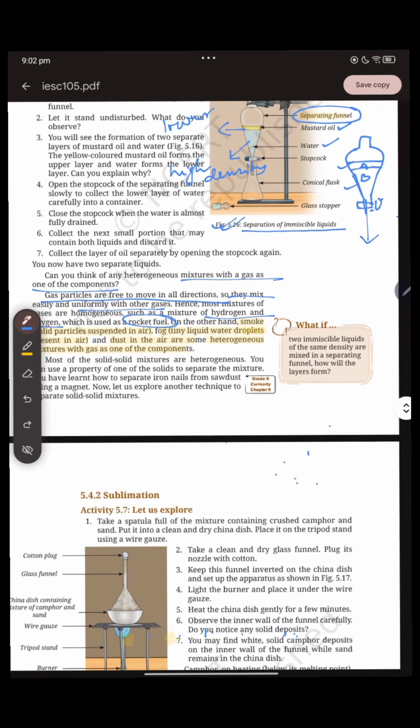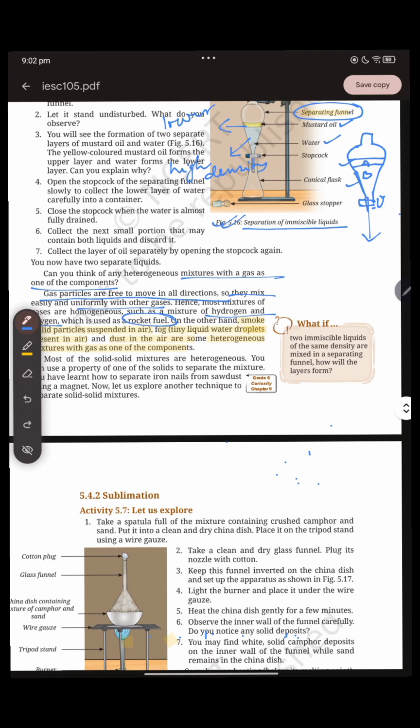Now there is another question. Two immiscible liquids of the same density are mixed in a separating funnel. How will the layers form? If they have the same density, obviously they will not separate into layers in a separating funnel.